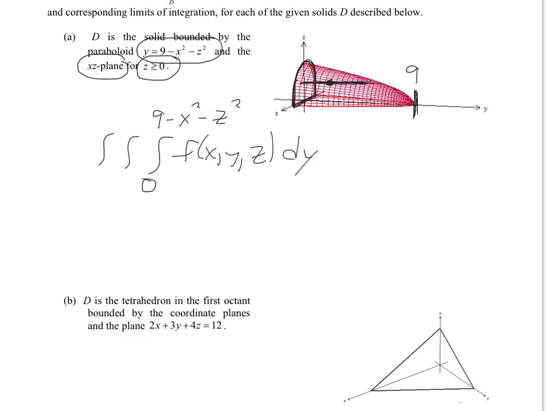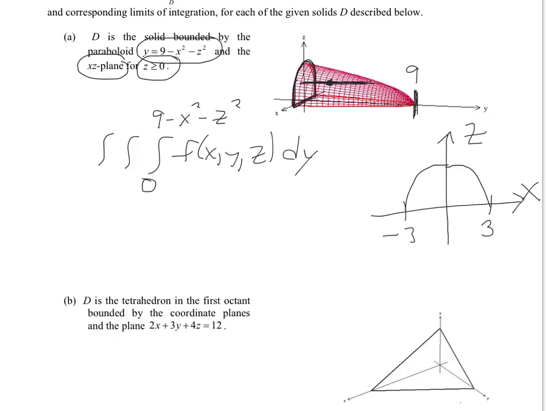So what we have to do, and let me draw a separate picture here, in the xz plane, so I'm now looking down at the xz plane, kind of standing on the positive y-axis. What I see is a semicircle. It's a semicircle of radius 3, centered at the origin.